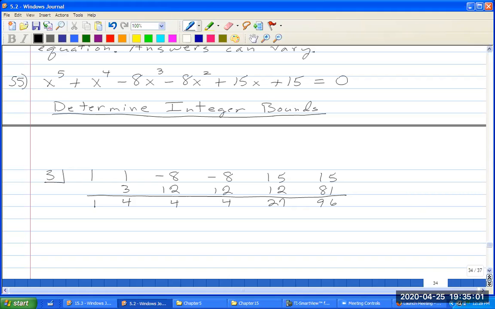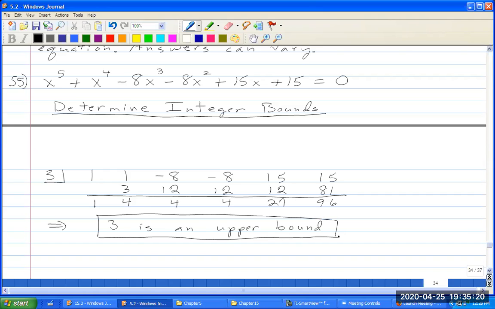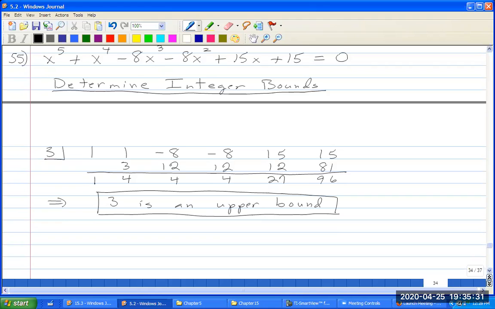Because of that, 3 is an upper bound. I don't know if 2 would have worked, but I tried 3 and 3 worked. I just sort of guessed to see which one would work. I was hoping 3 would work.